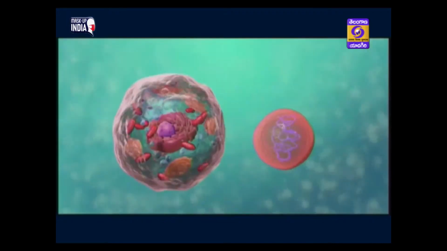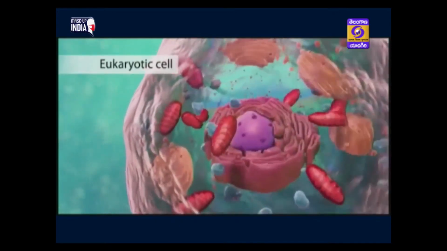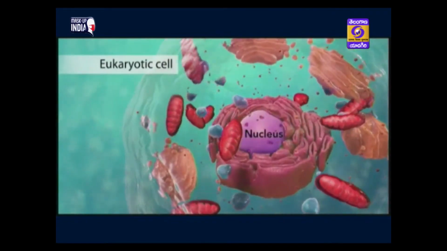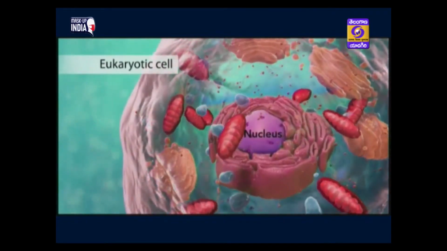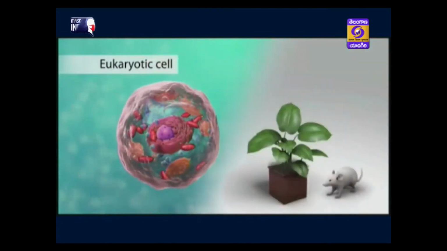Now, let us learn about eukaryotic cell and prokaryotic cell. Eukaryotic cell. In eukaryotic cell, nucleus is covered by the nuclear membrane. These type of cells are seen in plants and animals.